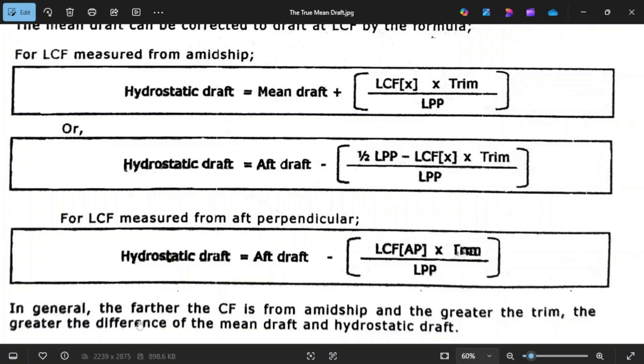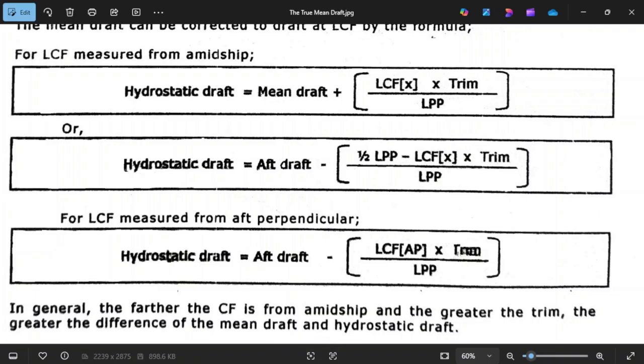In general, the further the center of rotation is from amidship, the greater the trim, and the greater the difference between the mean drop and hydrostatic drop. So from amidship, the greater the distance, the greater the trim. Okay.